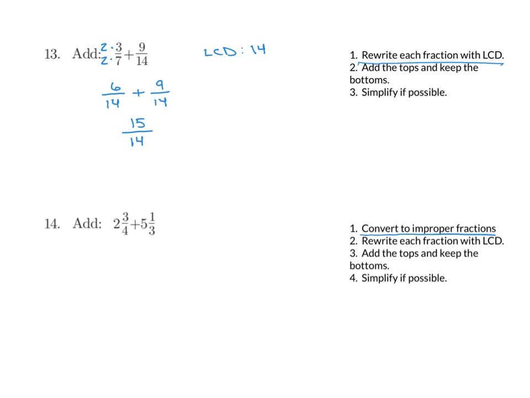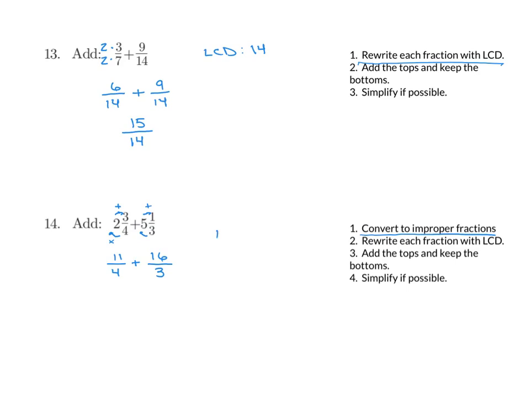So 2 3/4, if I convert this to an improper fraction, I get 4 times 2 is 8, plus 3 is 11 over 4. 5 times 3 is 15, plus 1 is 16 over 3.